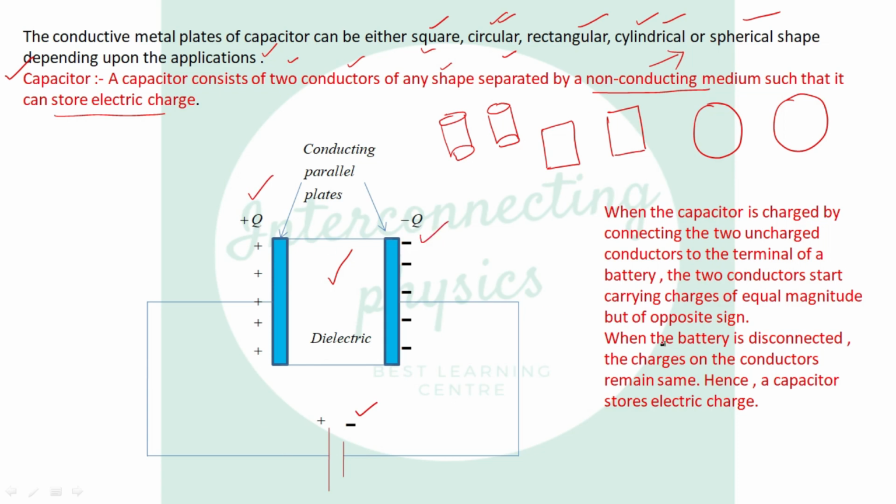Now let us suppose the battery is disconnected. When the battery is disconnected, the charges on the conductors remain the same. That means a capacitor stores electric charge, because even if the battery is disconnected, the charge remains the same on these two plates.